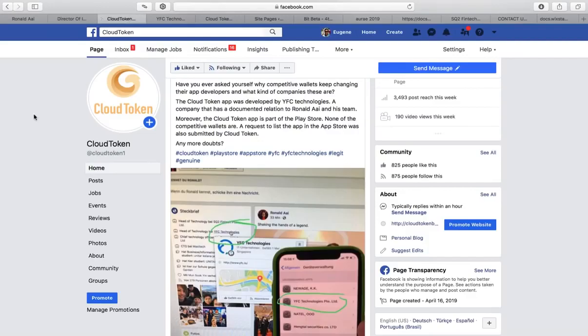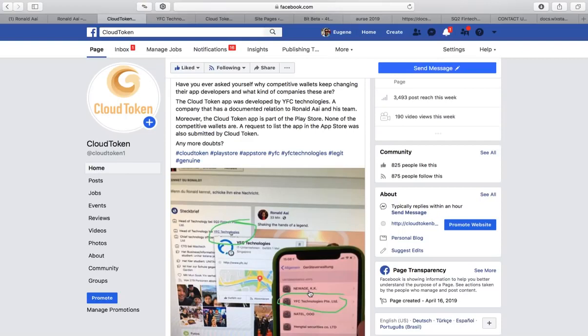And one thing which is unique about Cloud Token, if you install that app on your iPhone, you have to manually approve it in the device management section of your settings, right? Because it's not listed on the App Store, not yet, right? And if you go to device management, you will see the developer name, YFC Technologies, and you have to make it a trusted developer in order to use it, right? And if you install some of the competitive wallets, you will see a developer name that you cannot actually track.